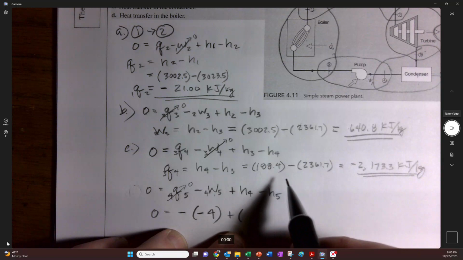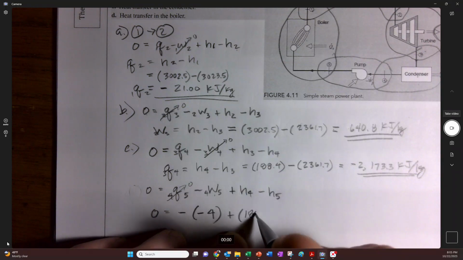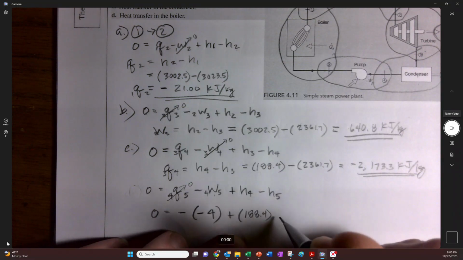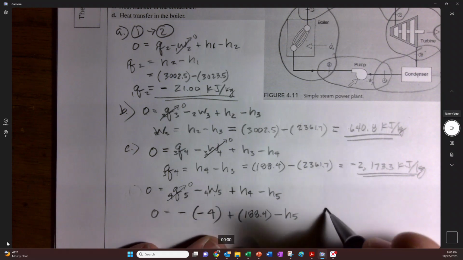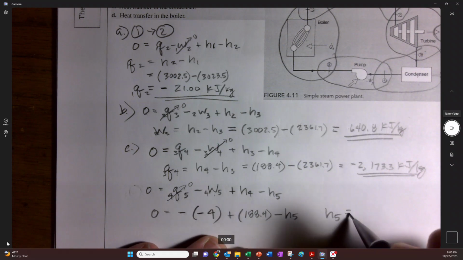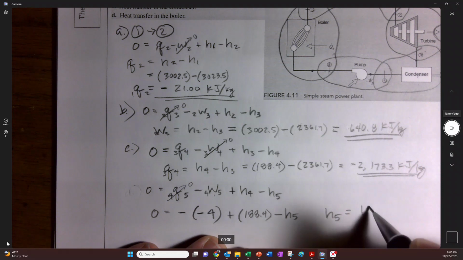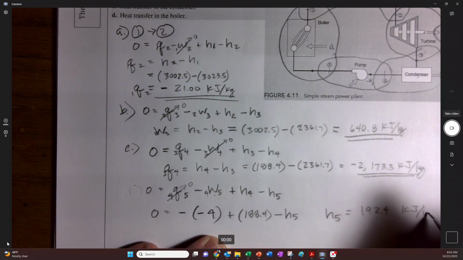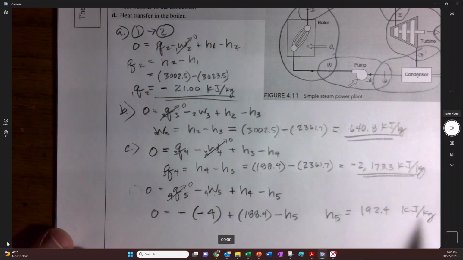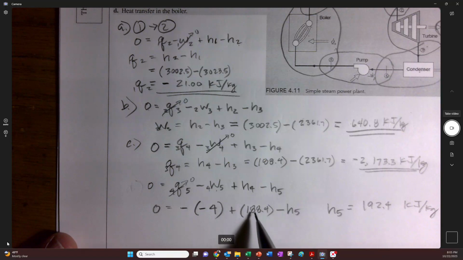H4 is going to be our 188.4 minus H5. And so what we're going to find is that H5 is going to equal 192.4 kilojoules per kilogram. And this is the result of the pump work. It increased the enthalpy because we added work in.